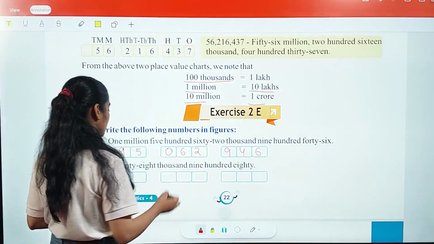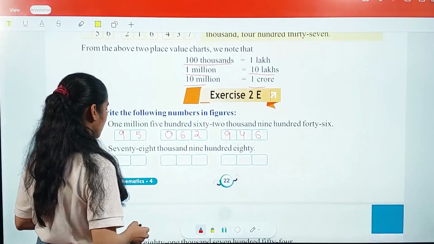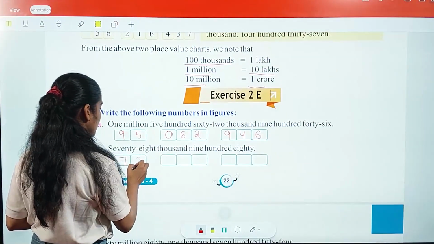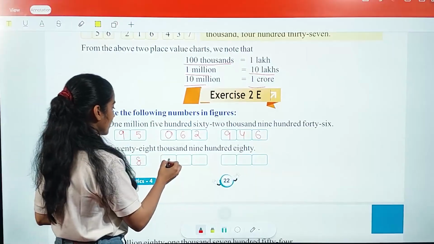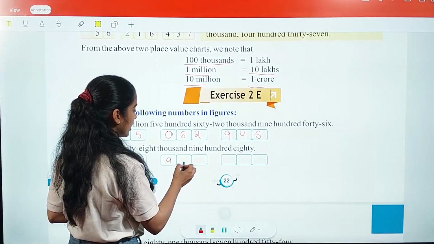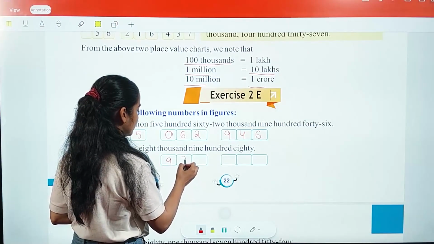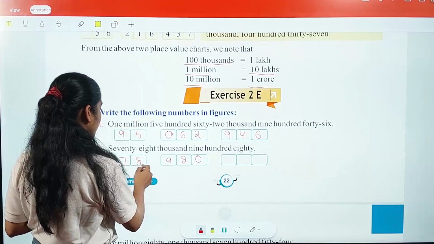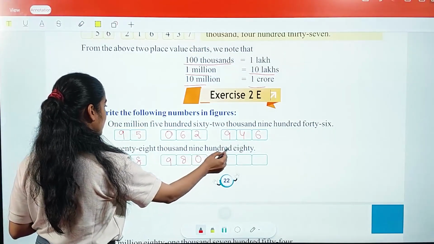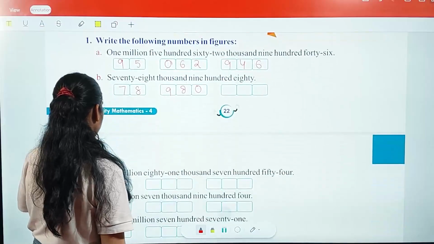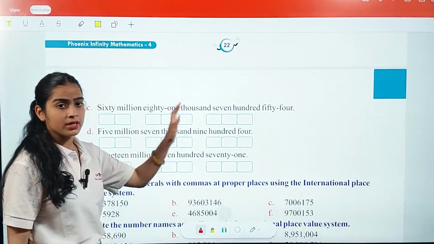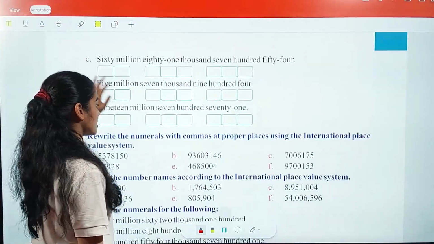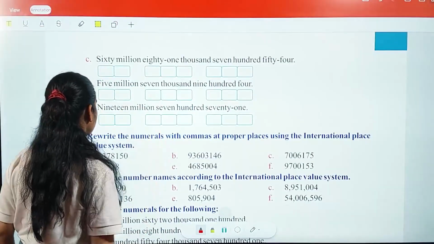So this is your way. Now 78,000, 78,980. Next, now students you can write your own. So just give it a try and do it yourself.